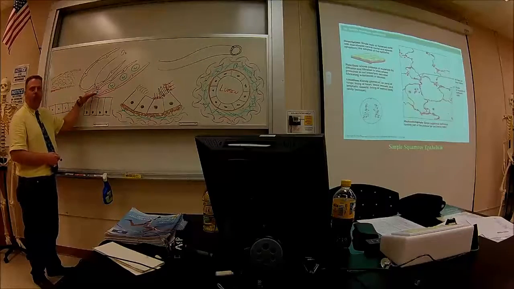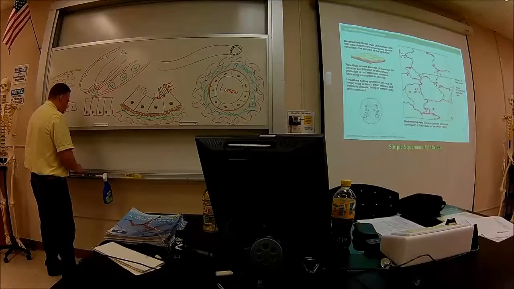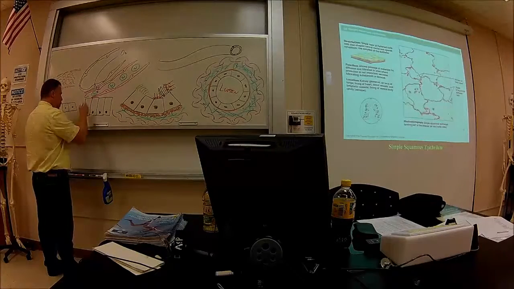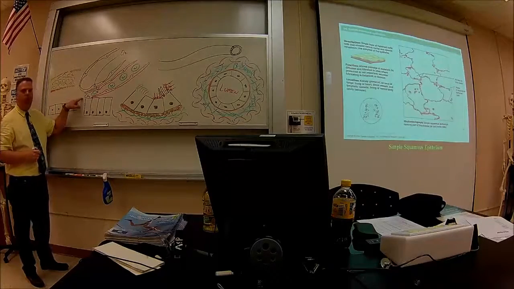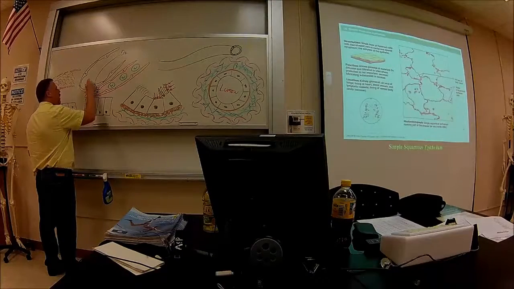And it's simple diffusion. We have carbon dioxide, that's over here. High dosage in here, low dosage here. It's able to pass through here and pass through here to get out.